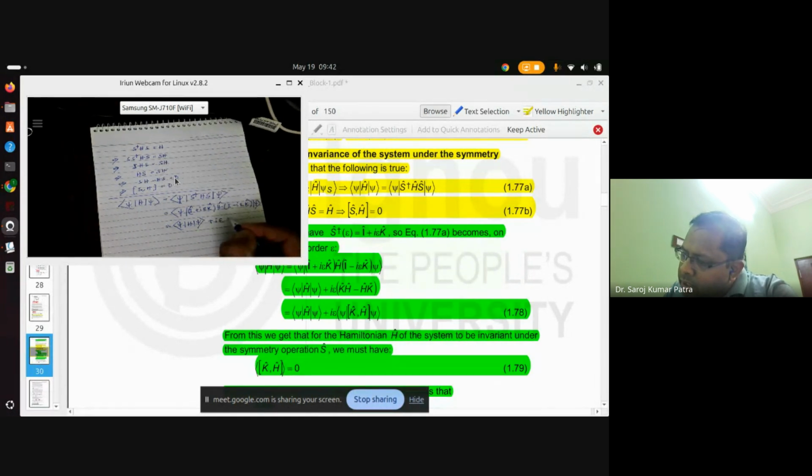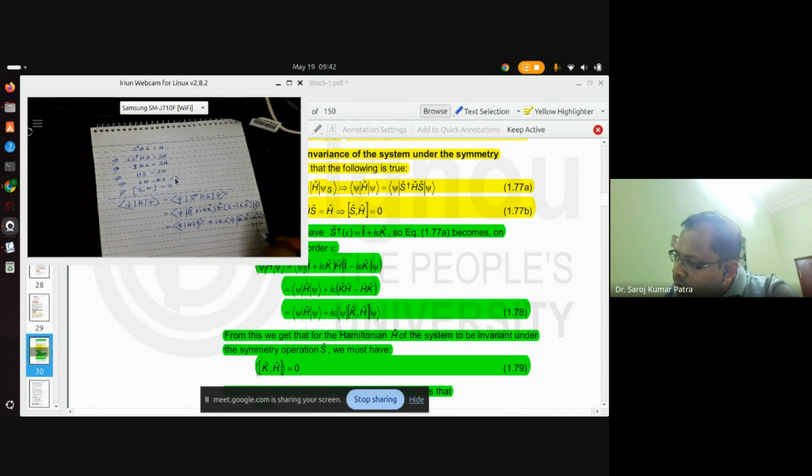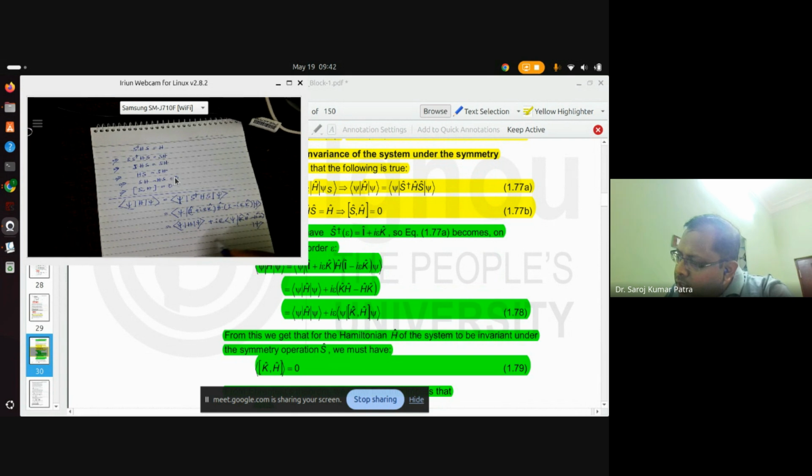So I will take I epsilon outside. So it will be psi, and then here it will be KH minus HK. From this term, it will be KH minus HK, right? Is this clear? The last term is another term which is plus I into minus I, which is 1.